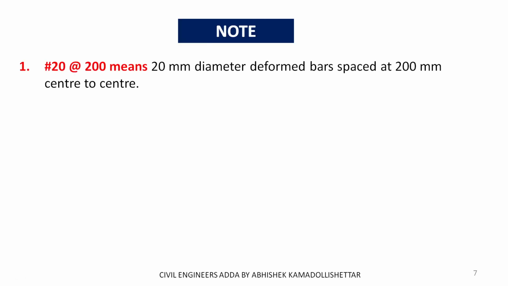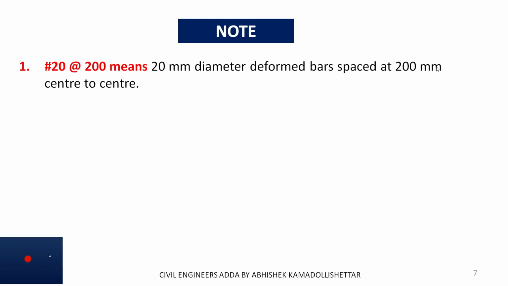One important note is how you represent the number of bars and spacing in a single note. 20 dia at 200 means 20 mm diameter deformed bars spaced at 200 mm center to center. The 200 will always be in mm.